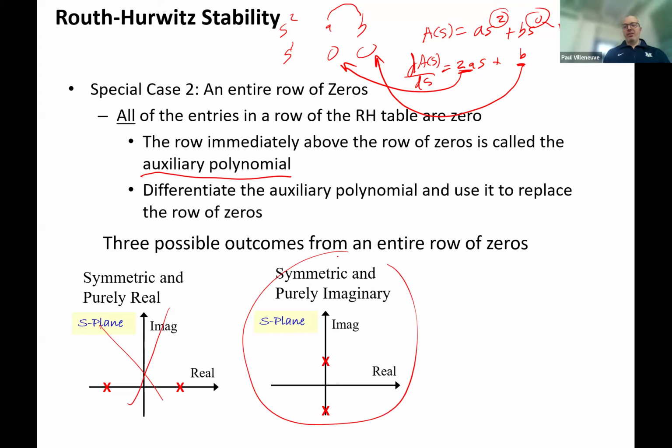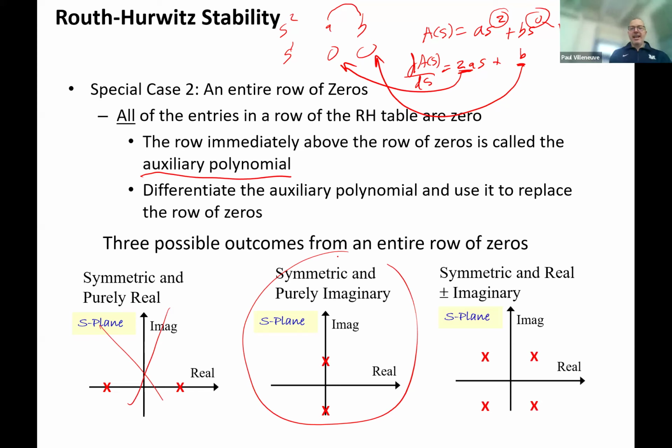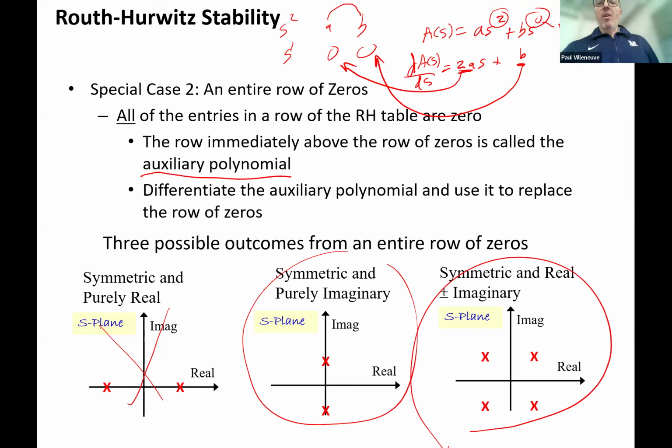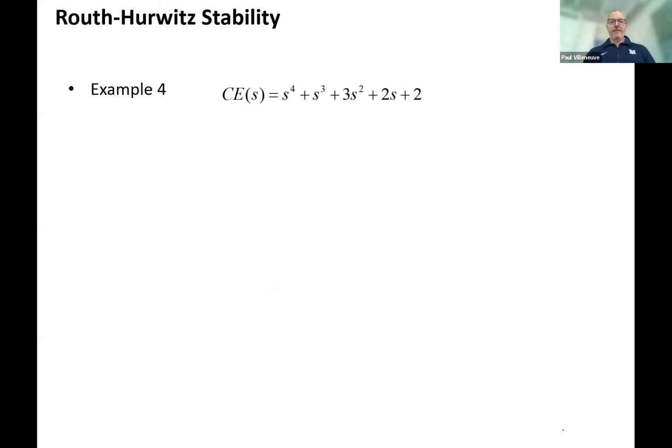This is the only one I've ever seen. And lastly, you can have symmetric and real plus imaginary. Again, I've never seen anything like that. That would mean you'd have to have a row of zeros in the S cubed row, right? To have 4 roots. So the one in the middle is the most common. So we'll put an X through that.